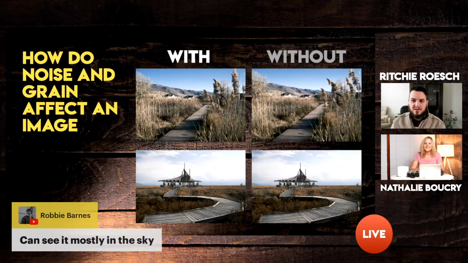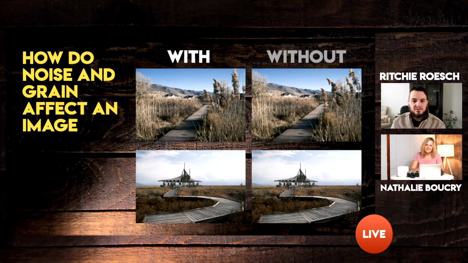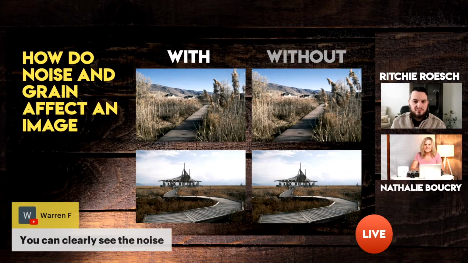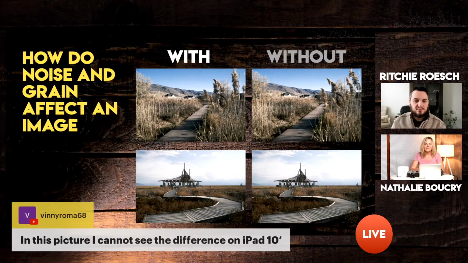Robbie's comment here is very much, you see it mostly in the sky or in an area where it's the same tone across, that's where you'll mostly see both noise and grain. Correct. Yes. So it's great that you can all see that, and it's great that you're letting us know. So it's working for us and for you.